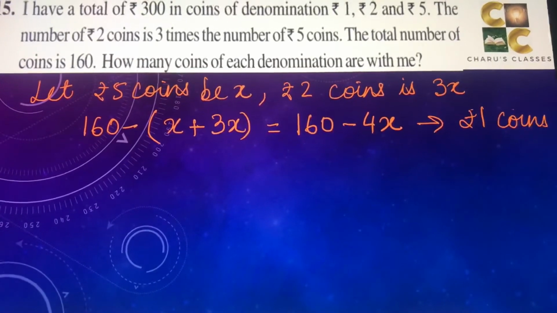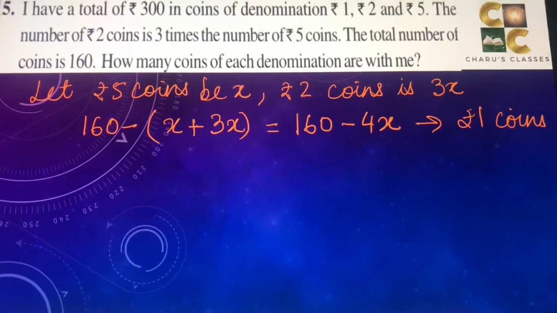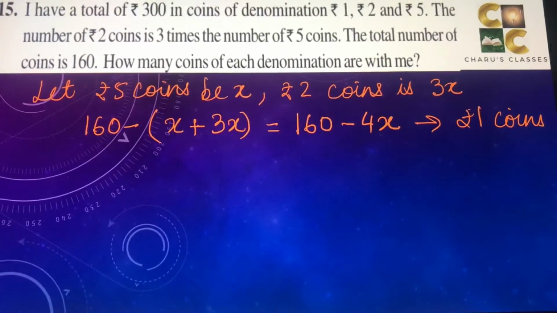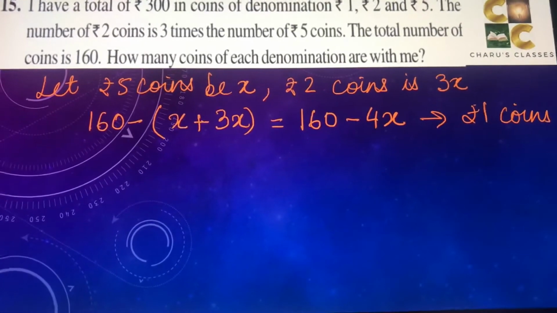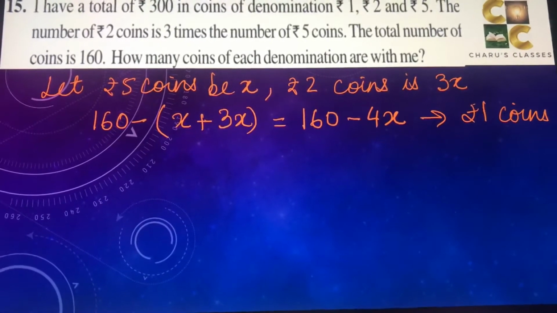These are our rupee 1 coins. Because total coins 160 है, उसमें से 2 rupee coin 3x है, 5 rupee coin x है, तो बाकी कितने बचे 1 rupee coins, that is 160 minus 4x. Now we know कि हमारे पास total amount rupees 300 है.